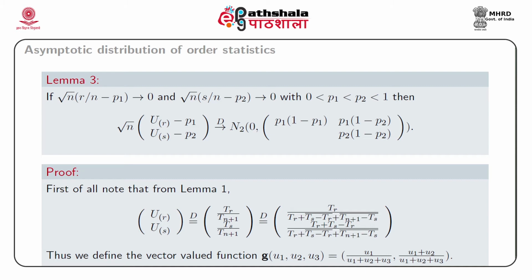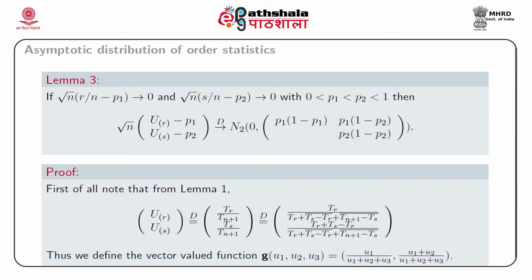So, why use such a representation in terms of the T's? Because we have obtained the large sample distributions of T_r, T_s − T_r and T_(n+1) − T_s in lemma 2. So, representing U_(r) and U_(s) in terms of these variables, we can find the large sample distributions using lemma 2.